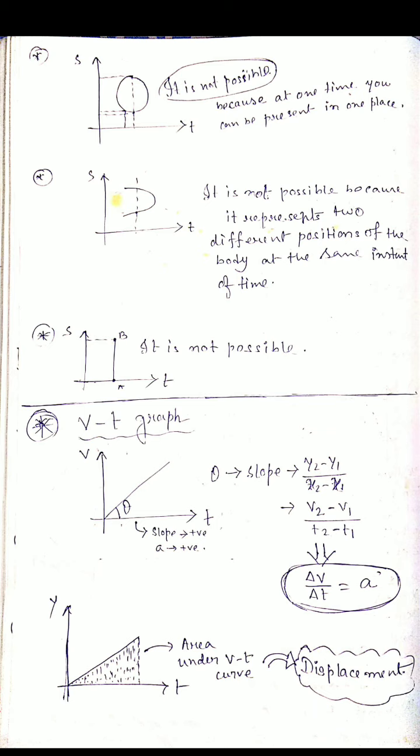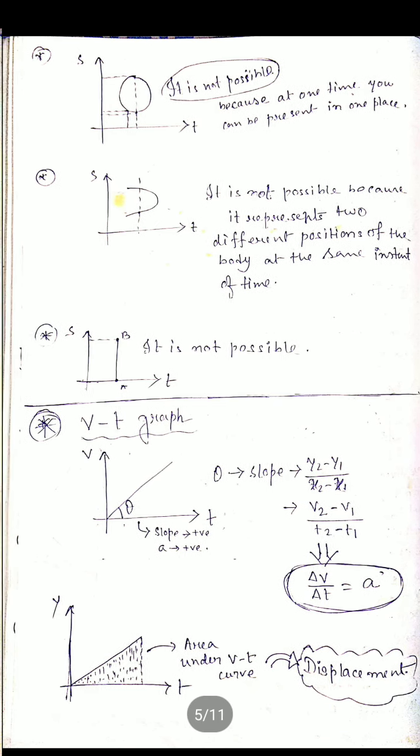At the same time you cannot be in school and also at home. So at a particular time the object would be present in two places, which is not possible. That's why this type of graph is not valid.